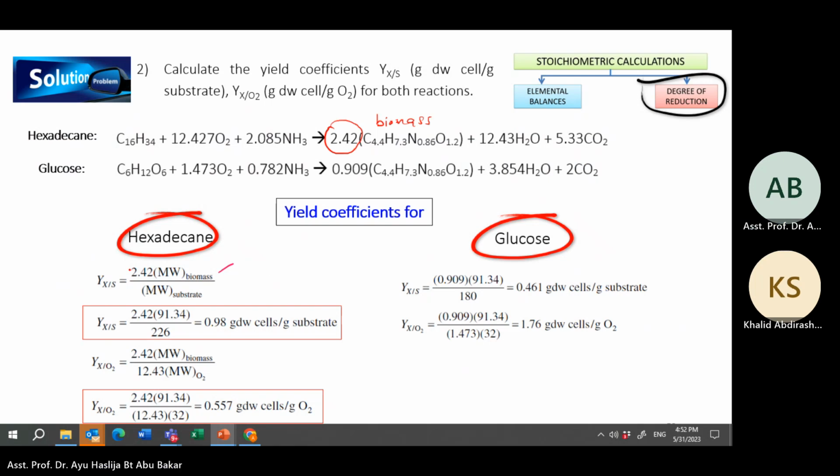So, 242 multiplied by the molecular weight of the biomass. How to get molecular weight of biomass?